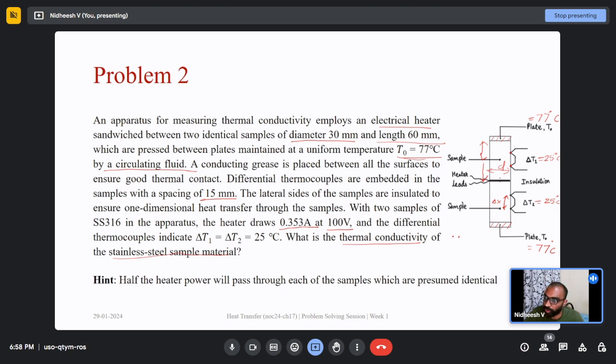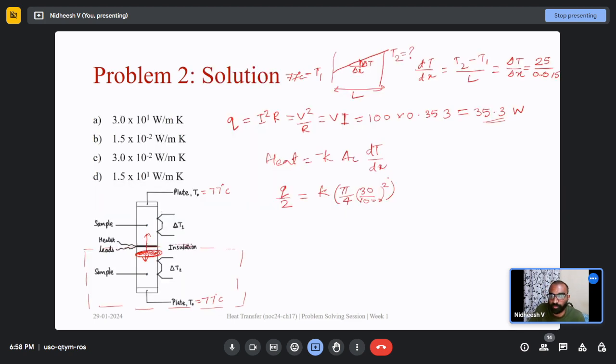That is the boundary temperature for the plate. If we knew the heater temperature, then yes, we could write the heater temperature minus 77 degrees by the length of the sample. But we don't know the heater temperature.